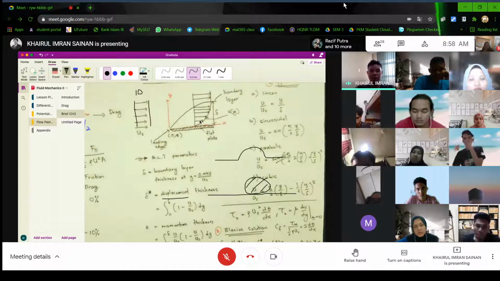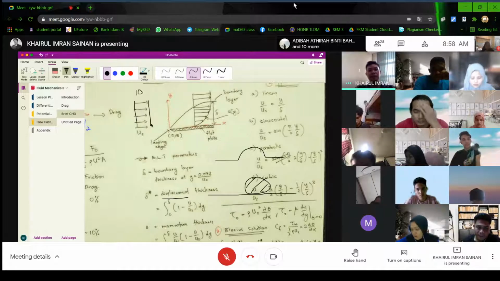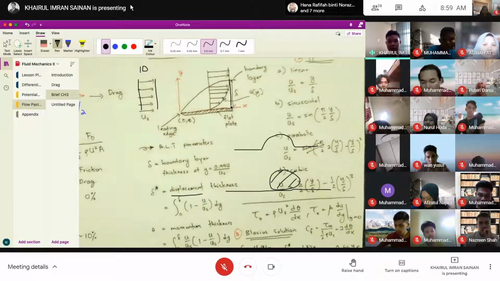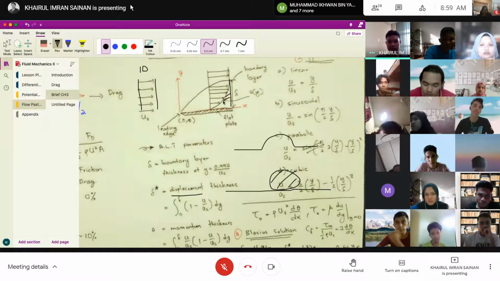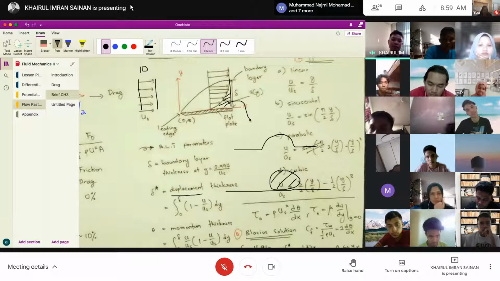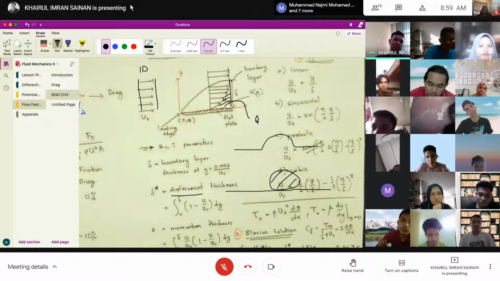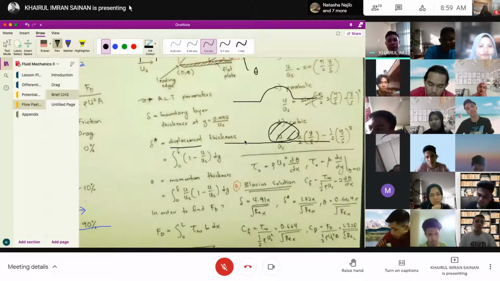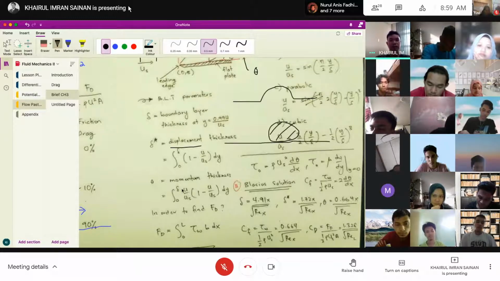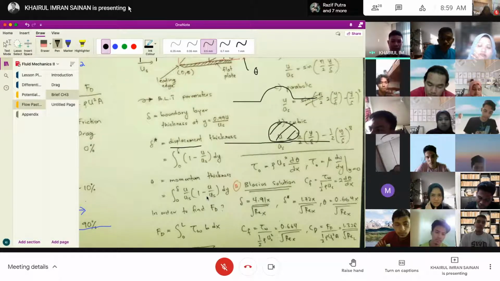So there is a loss of momentum from the free stream velocity. Instead of this rectangle, it becomes this one. So we have a loss here, the loss of momentum. This is the momentum thickness, theta. How we calculate that is using this: from 0 to delta, u divided by u star, times 1 minus u divided by u star, dy.